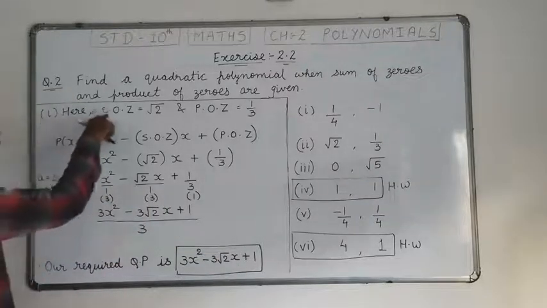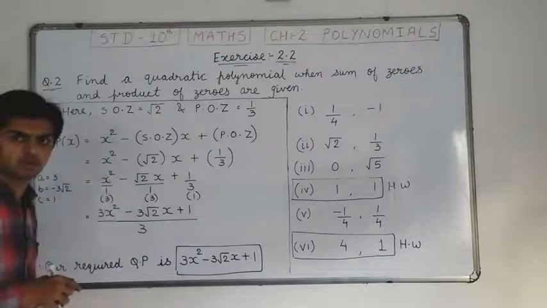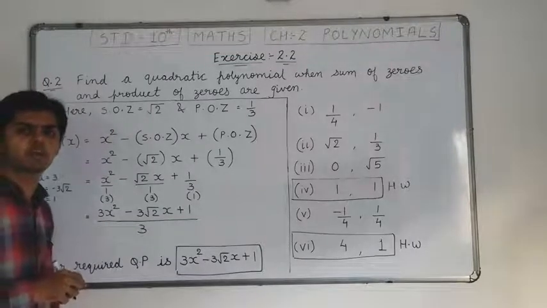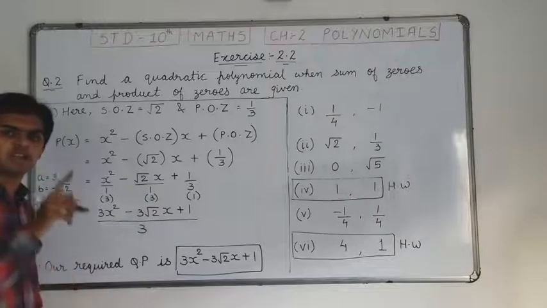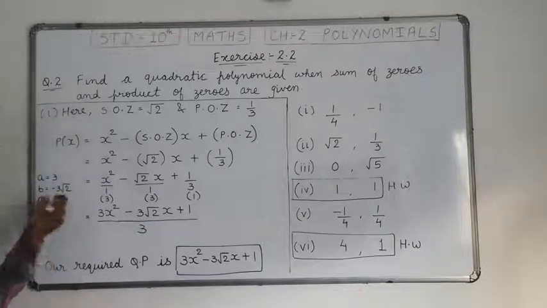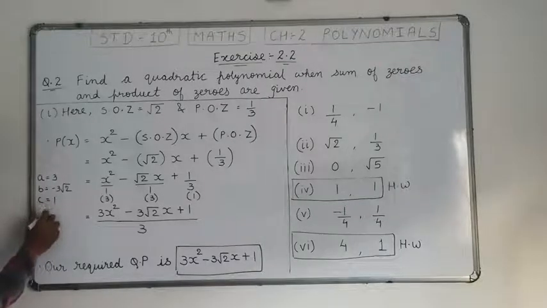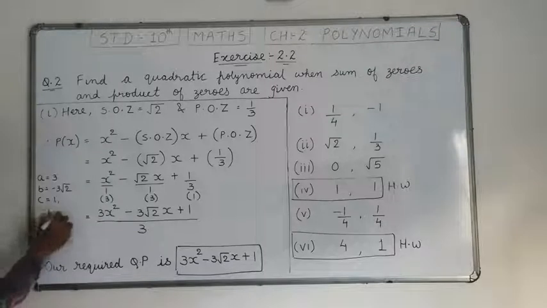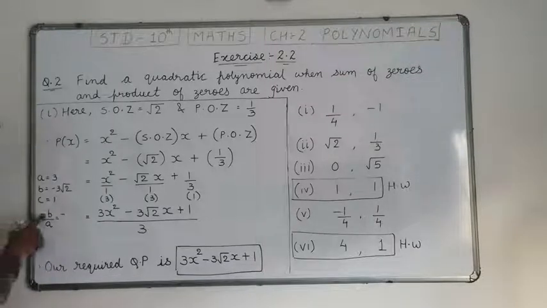Now what is the formula of sum of zeros in a quadratic polynomial? Minus b by a. Sum of zeros formula is minus b by a. I am not writing sum of zeros, directly writing the formula. Minus b by a, minus sign as it is. Now value of b, b itself is minus 3 root 2.